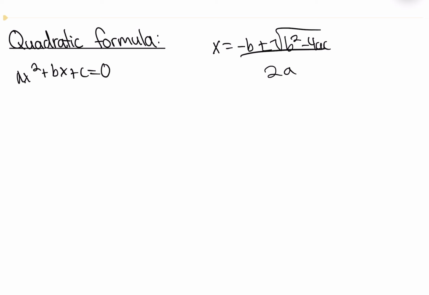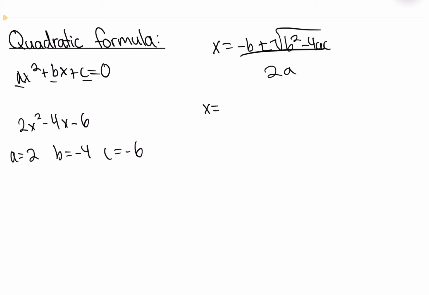Now, let's begin with a simple problem. We have 2x squared minus 4x minus 6. All we have to do is identify what each of the variables are. So our a would be 2, our b would be negative 4, and our c would be negative 6. And now we just plug it in.